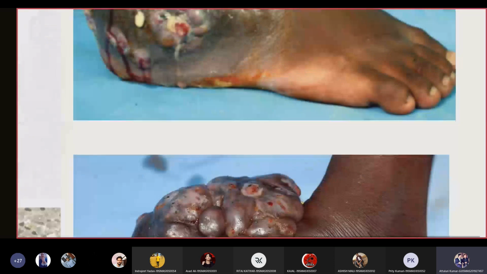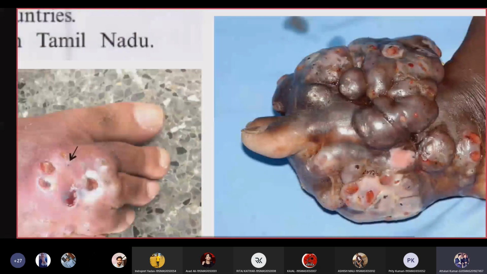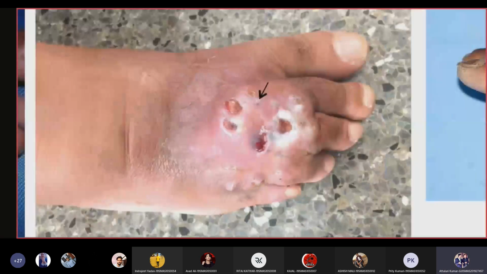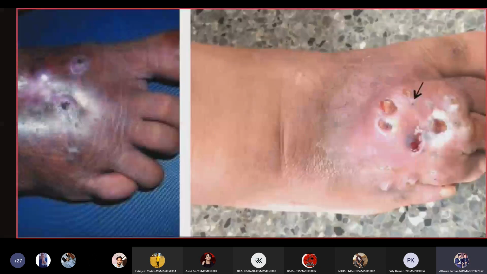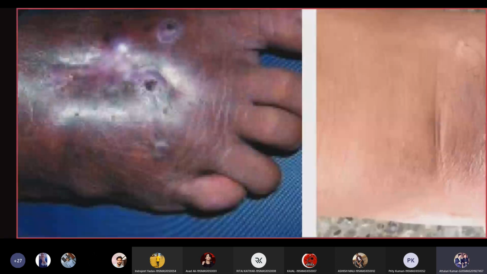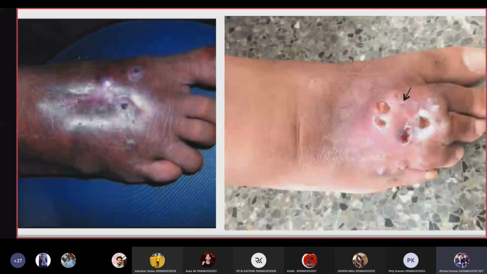This is a severe form of Mycetoma infection where almost half of the patient's foot has been destroyed by the Mycetoma fungi. This is also a Mycetoma infection, but a less severe form. And this is a healed Mycetoma infection. Now, there is a huge difference between these 2 pictures.